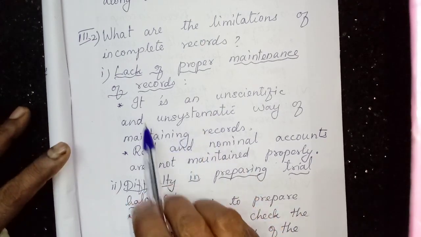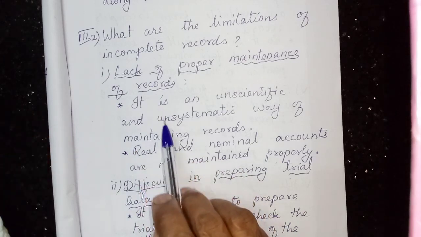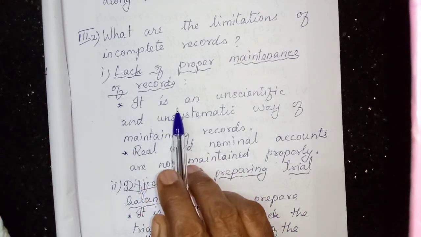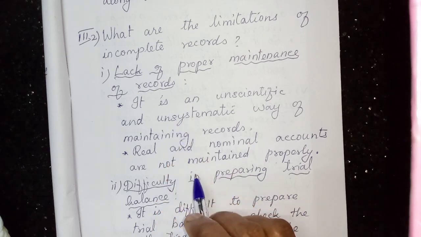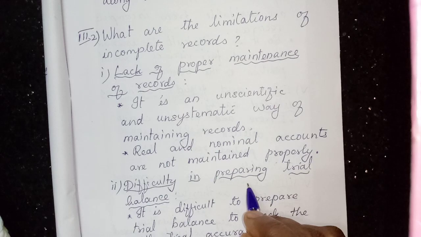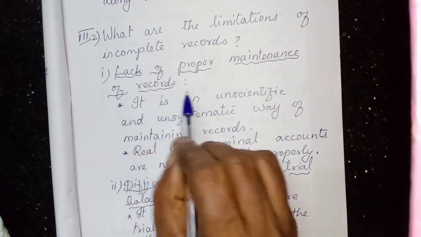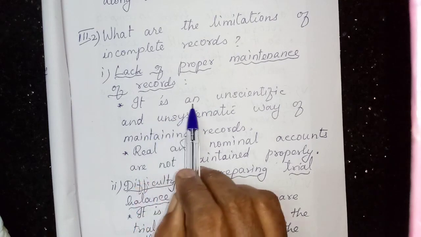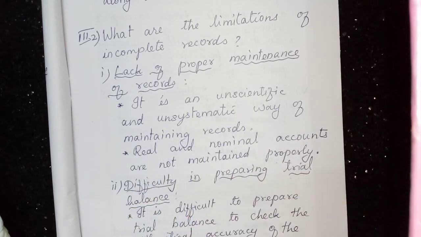There are 2 points available under each heading. First, study those 6 points thoroughly, then it will be easy for you to remember these points. In some headings only 1 point will be available. Students, I will explain this one. It is an unscientific and unsystematic way of maintaining records.